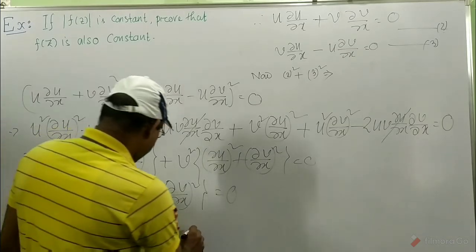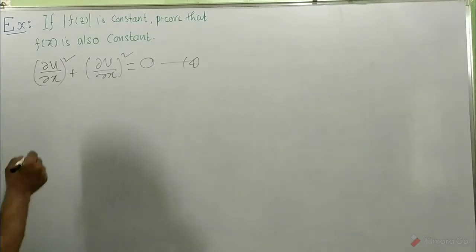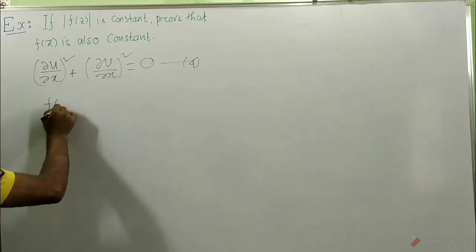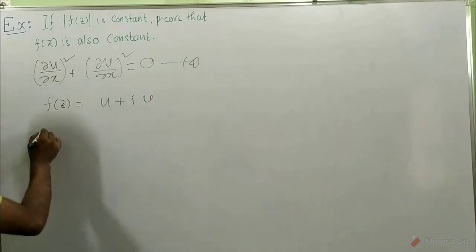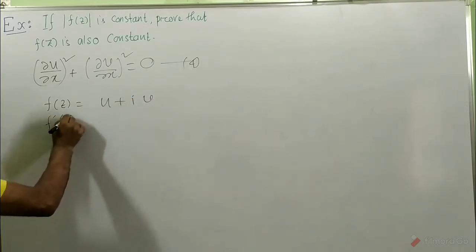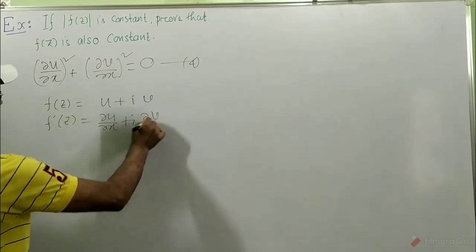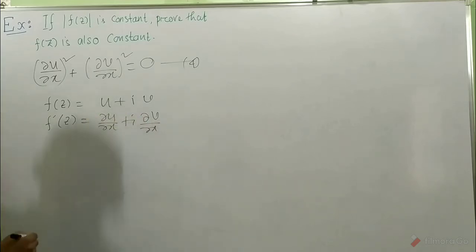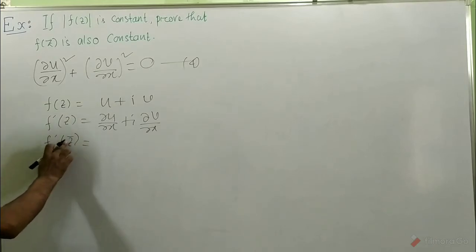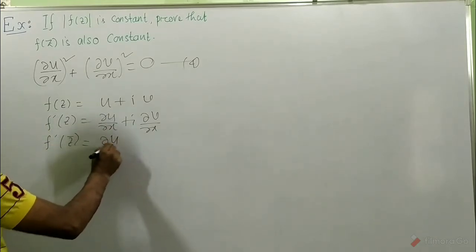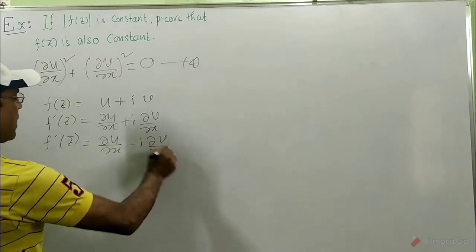Now this is number 4 we consider. Now we know f(z) equal to u plus iv. So f'(z) equal to ∂u/∂x plus i ∂v/∂x, by formula. And f'(z) bar, this is the conjugate, just replacing i and putting minus i.